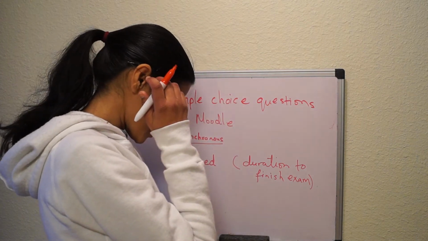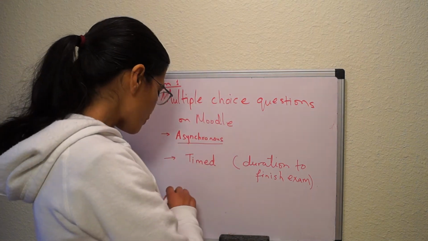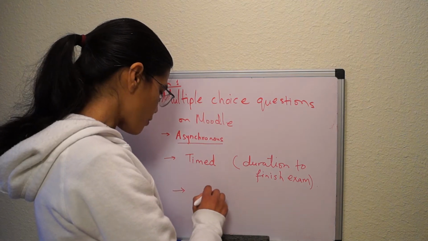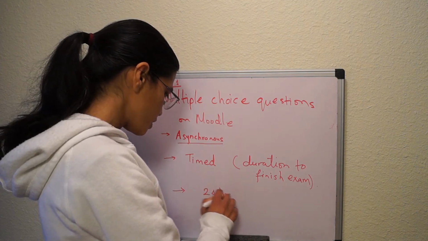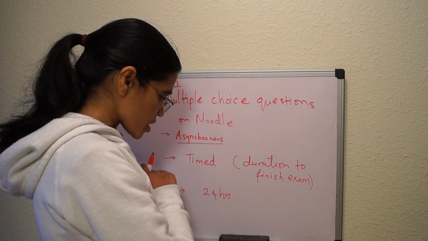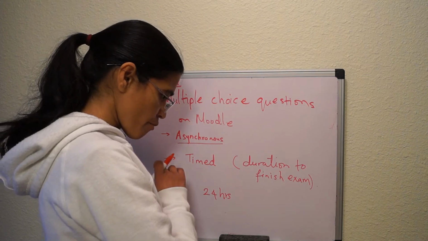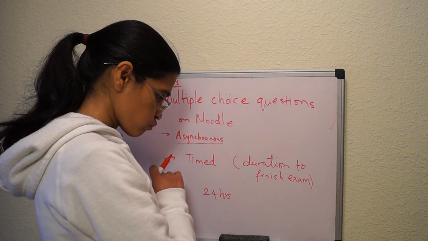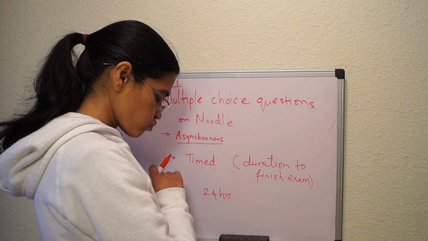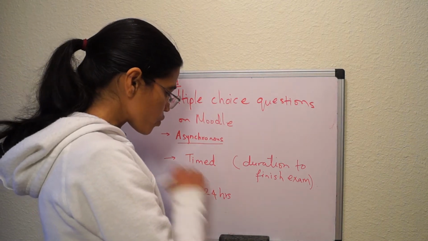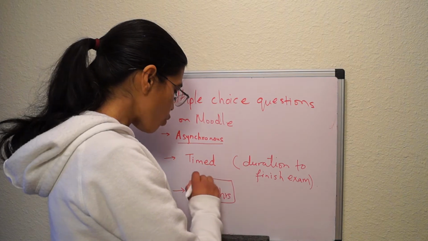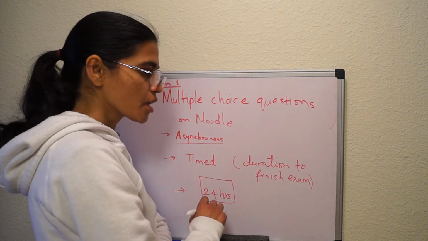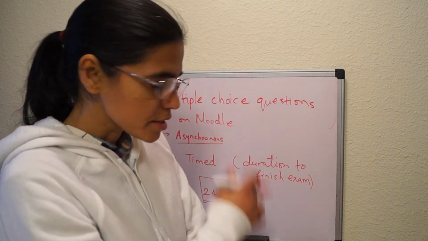Another thing is, I will leave this quiz open for 24 hours. Maybe not 24 hours, let us say Thursday. Okay, let me leave this open for 24 hours. I'll leave this window open for 24 hours, but you have to do it during that time.